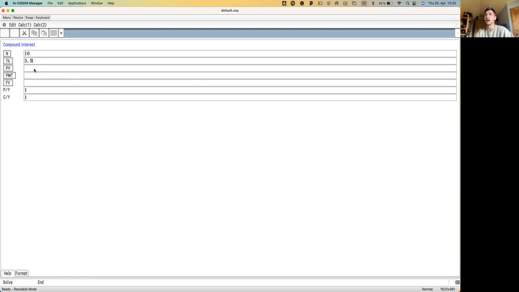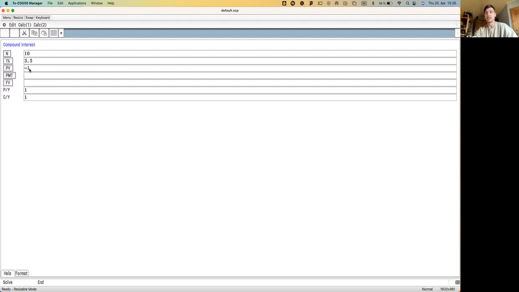3.5%. Okay. The present value. The way we need to now consider the present value and the future value of what we need to put in is we need to think about it in cash flow terms. At the start, our option 2 says she will invest $1,000 at the start of the 10-year period. Now, if we're thinking as if we are Juliana, that means we are paying $1,000.